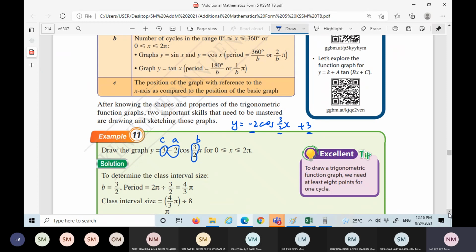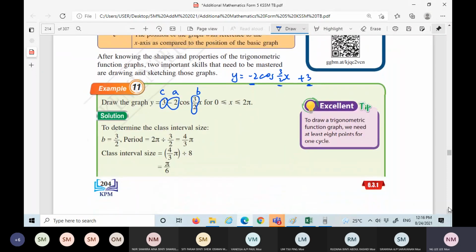Now we look at example 11. This one I remember that day I went through review by using the normal method, not the table method. First of all, I want you to know some keywords. If the question asks you to draw, what is the difference between draw and sketch?